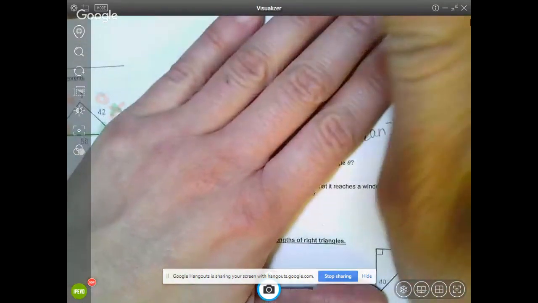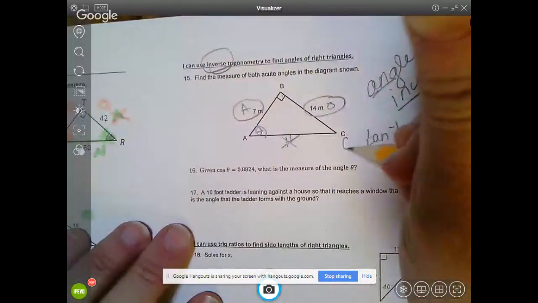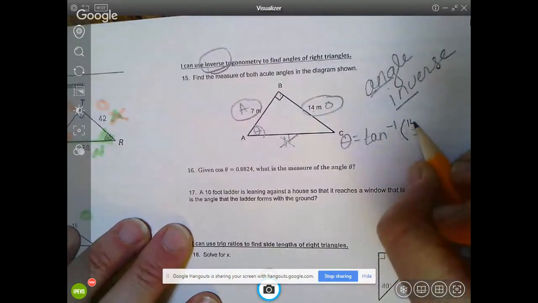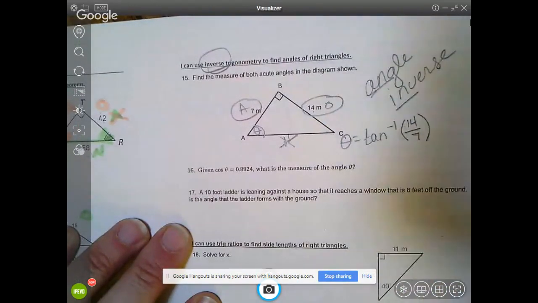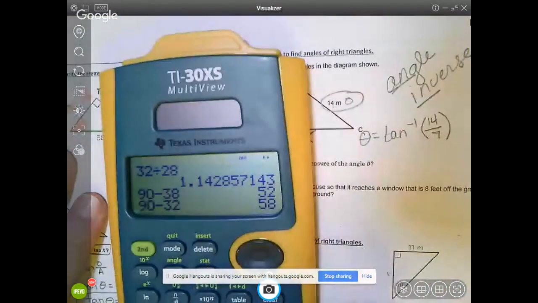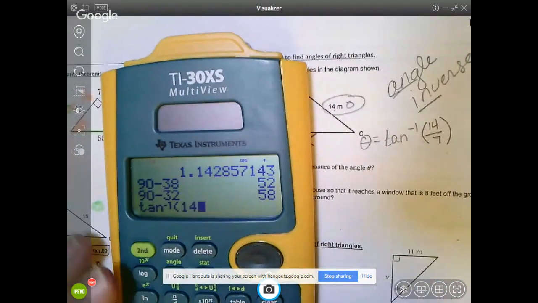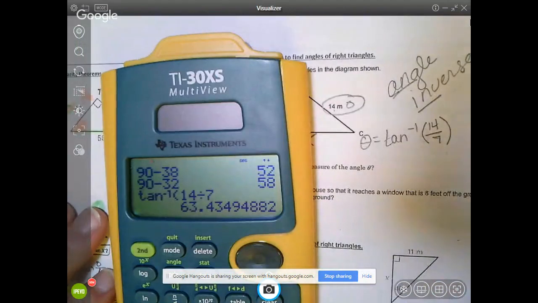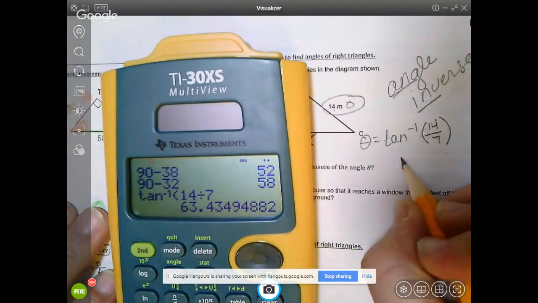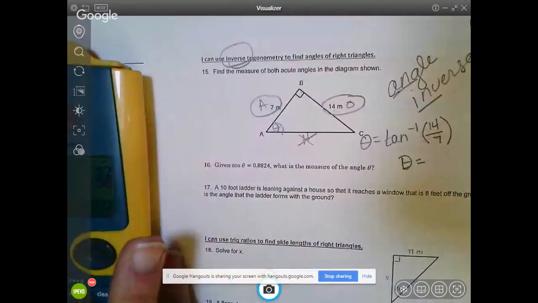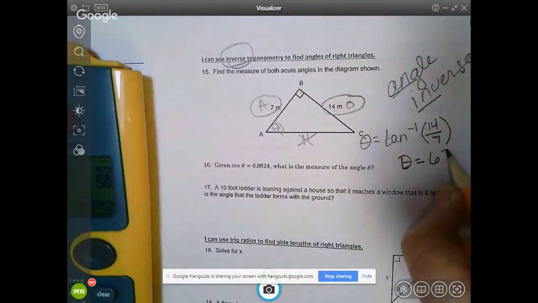We know that theta equals the tan inverse of opposite, 14, divided by adjacent, 7. All I do in my calculator is type in second tan to get the inverse, 14 divided by 7. So I know that my theta is going to equal 63.4.